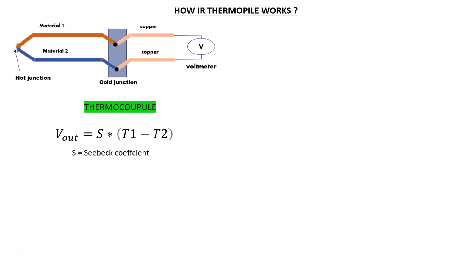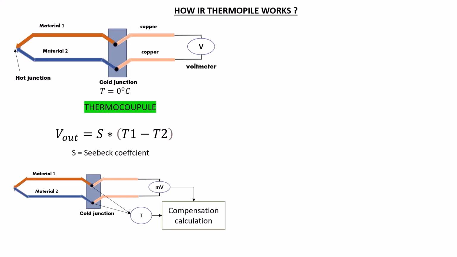Ideally, the cold end should be at 0 degrees Celsius, but generally this is not possible. So for practical use, we keep the cold junction at a reference temperature and then compensate for the difference by measuring the temperature of the cold junction using a typical RTD sensor, and then we offset the error. By doing so, we are able to measure the temperature.